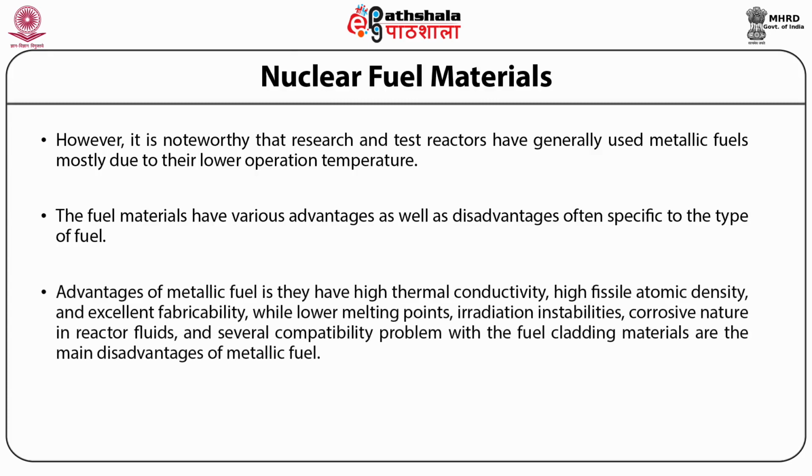Advantages of metallic fuel are high thermal conductivity, high fissile atomic density, and excellent fabricability, while lower melting points, irradiation instabilities, corrosive nature in reactor fluids, and several compatibility problems with the fuel cladding materials are the main disadvantages of metallic fuel.